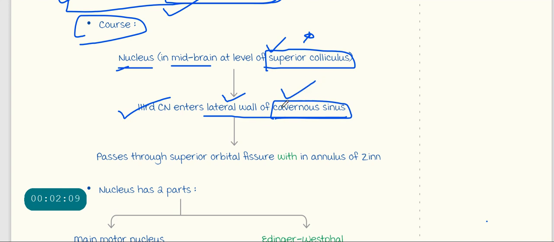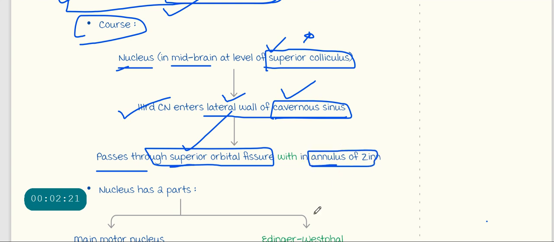Okay, then it passes through the superior orbital fissure, where the annulus of Zinn is. Okay, so it goes over there, annulus of Zinn. Now what are the nuclei associated over here?